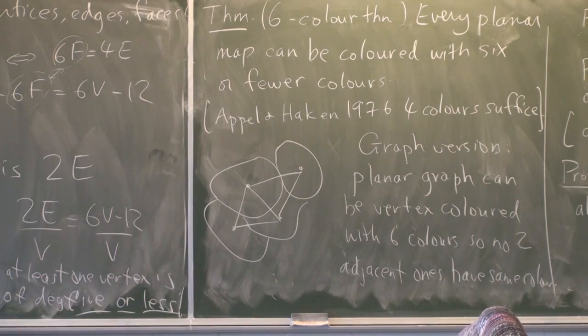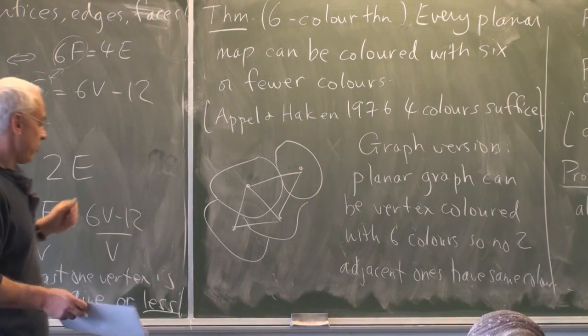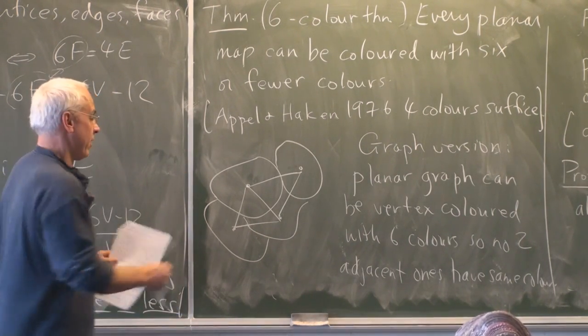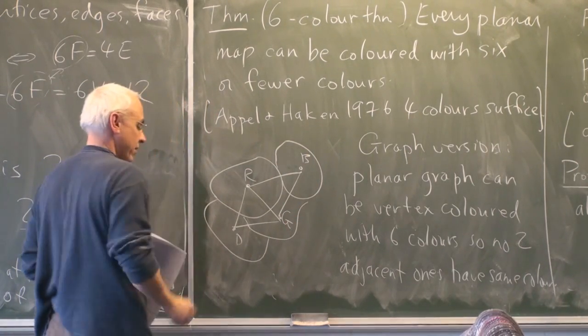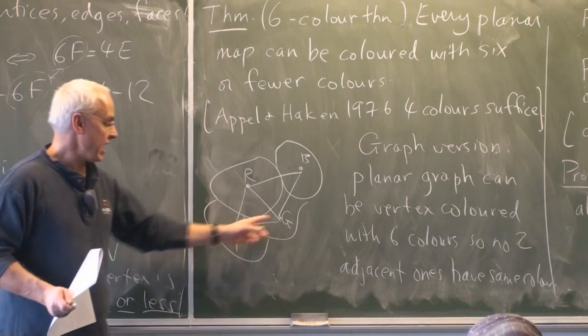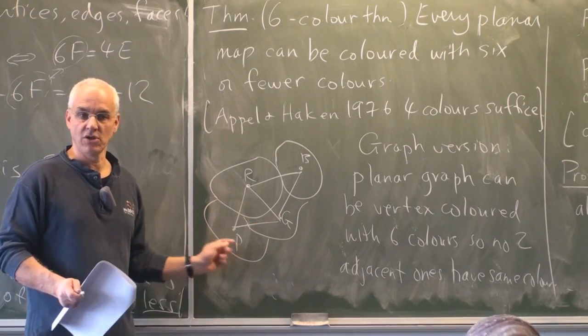That's what we want to prove. Given a planar graph and 6 colors, we can color the vertices: red, blue, green, purple, white. Red, blue, green, purple. So that when you look at any edge, the 2 colors on that edge are different.